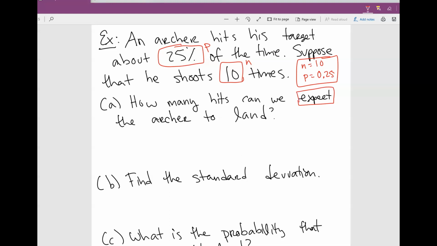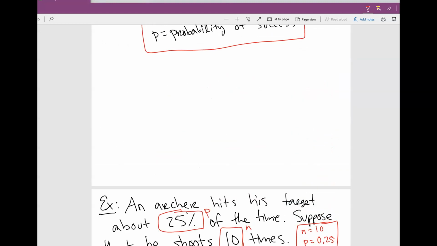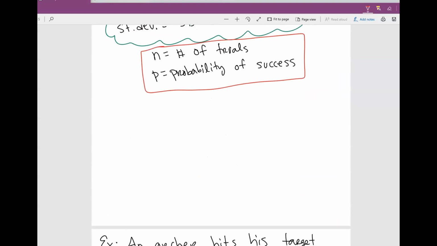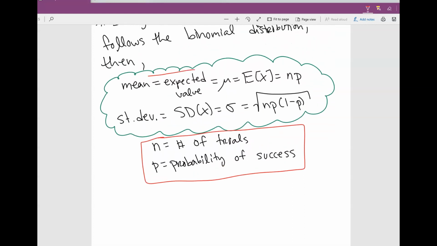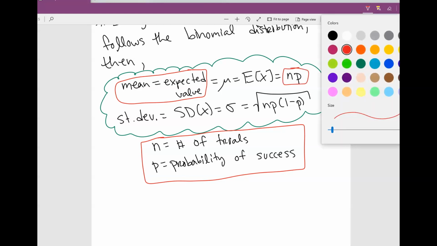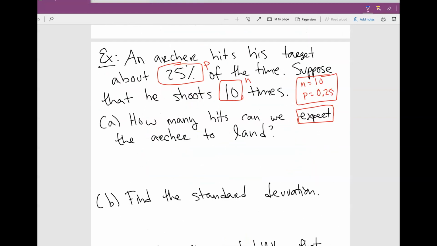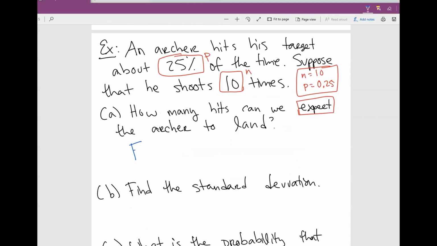Because we know this is binomial, the expected value, which is just another fancy word for mean, is going to be n times p. That's the formula we're going to use. You can either write it as E of x, or you can just write mu is equal to n times p.